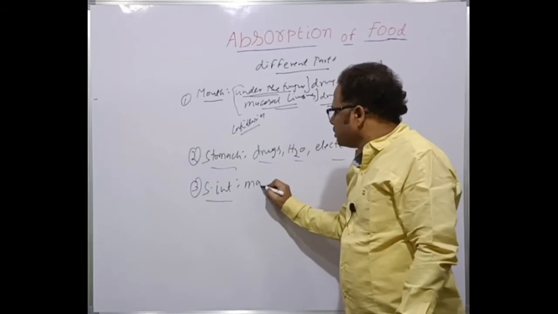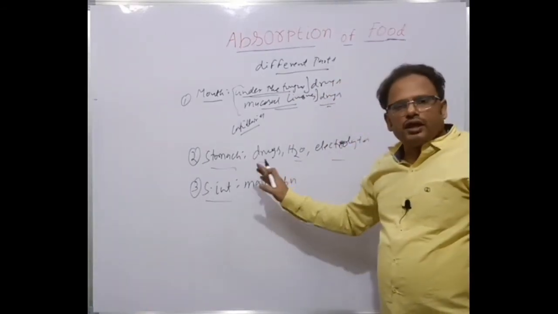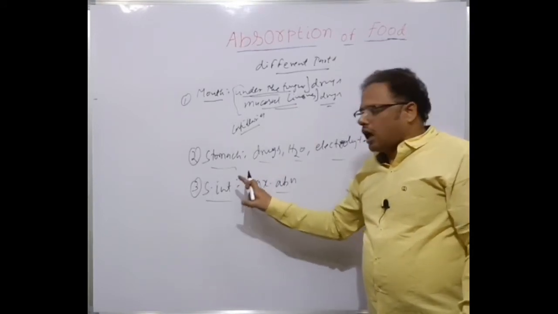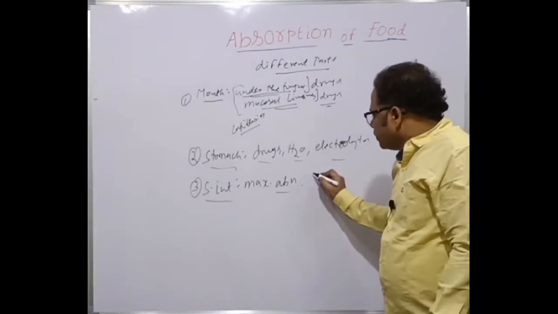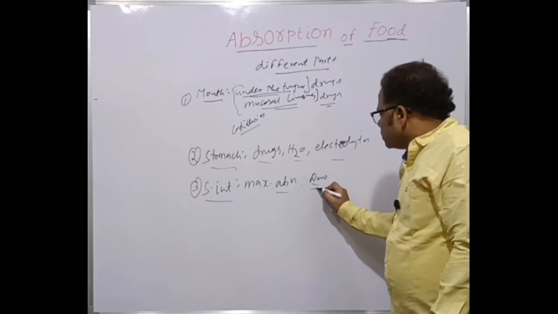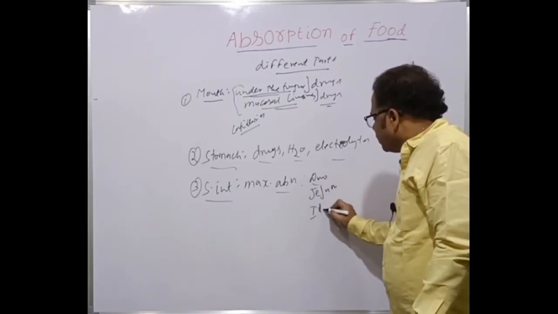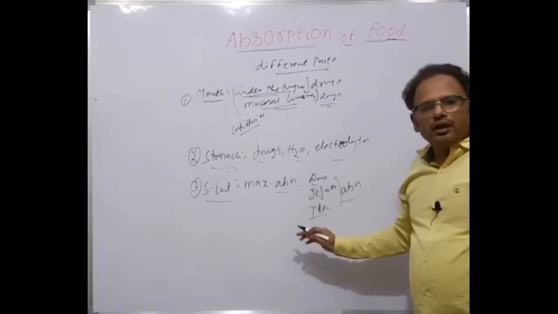Maximum absorption occurs here because it contains the intestinal villi and microvilli. It also consists of the duodenum, which is a main organ of digestion. Next one is the jejunum and ileum, where the maximum absorption occurs.